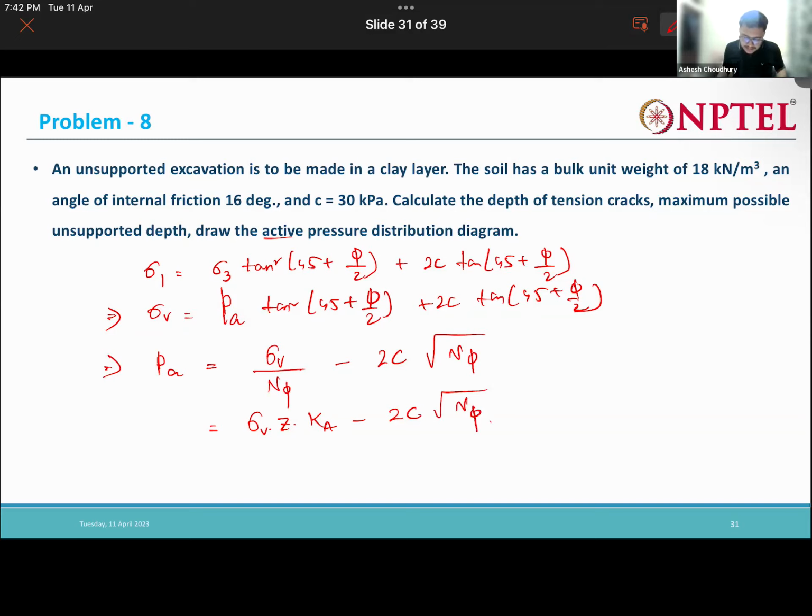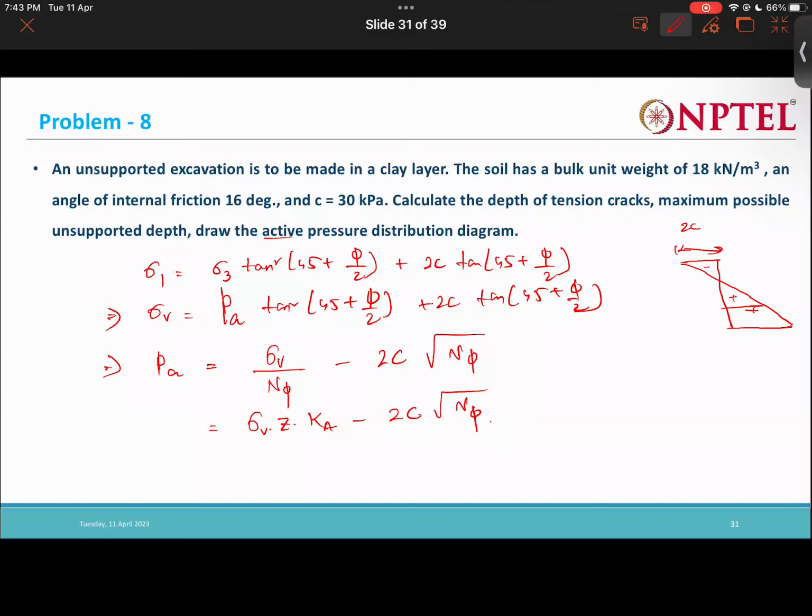Now it is being asked to us to calculate the depth of tension crack. So if you remember, our distribution was something like this, right? This is my negative part, this is the positive part. So this negative part is 2c root over Ka, that is 2c by root over N phi.